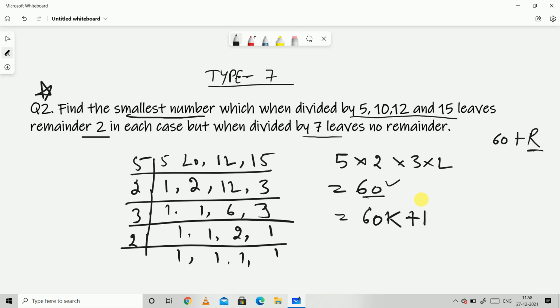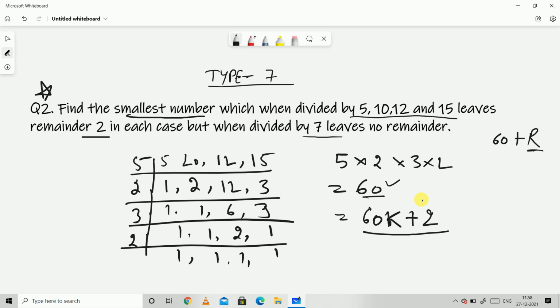Okay, I can say that this smallest number, sorry, what I wrote, it is 60k plus 2. So this smallest number, which when divided by these leaves remainder 2 in each case, the form of this number will be 60k plus 2.